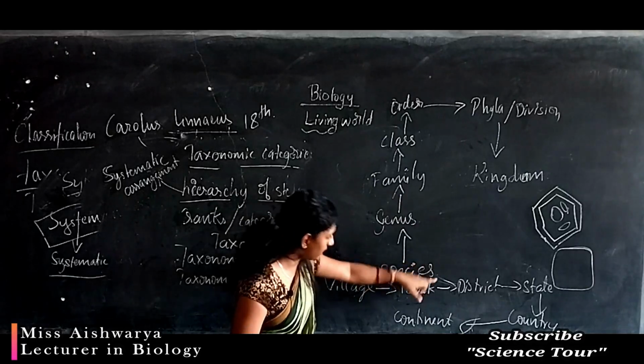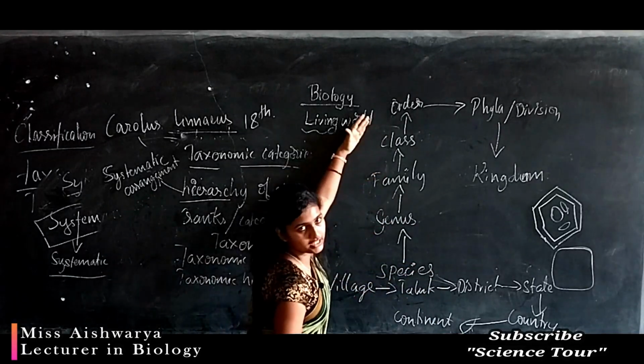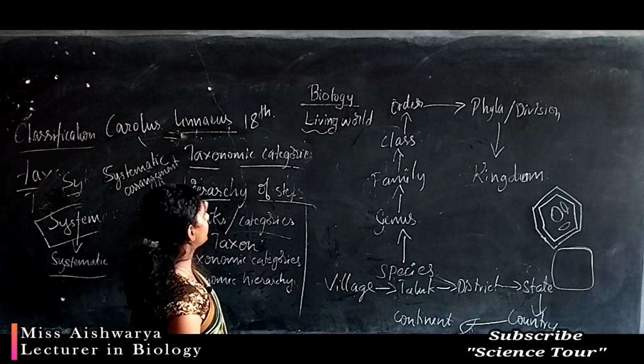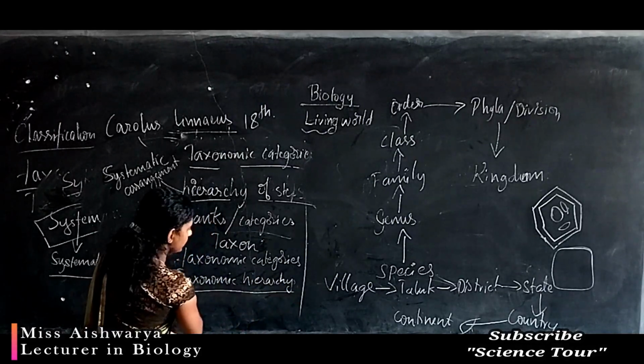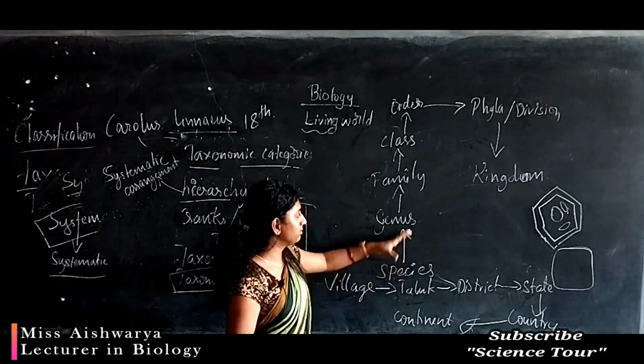Each category is called taxonomic categories, and this systematic arrangement is called taxonomic hierarchy. The systematic stepwise arrangement. We cannot mix this.